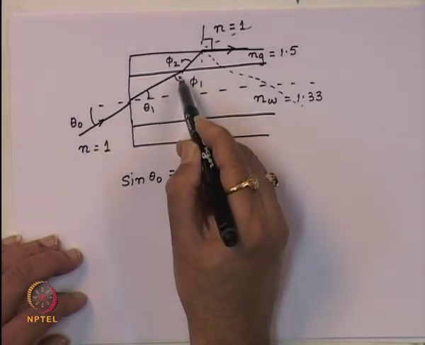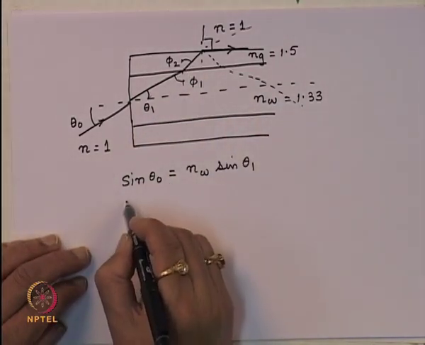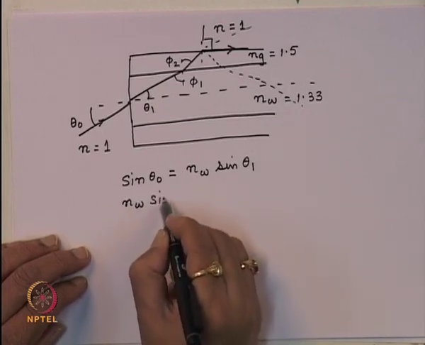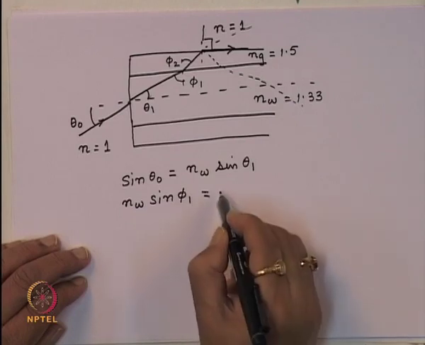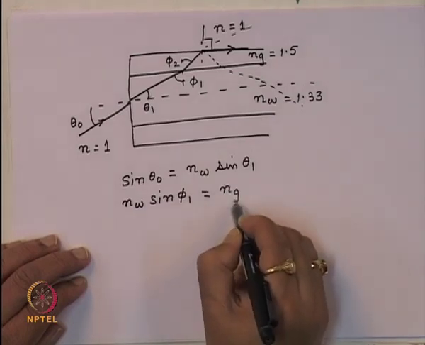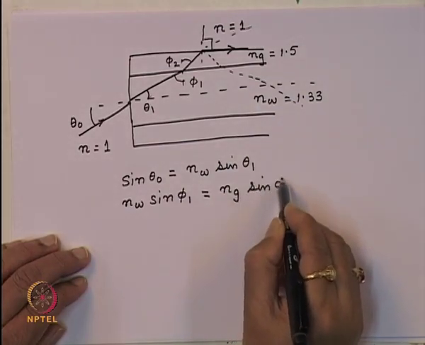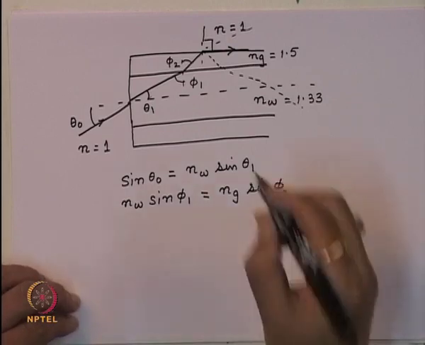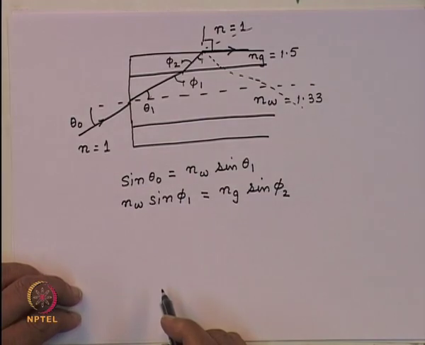I can apply Snell's law at the water glass interface, which gives n w sine of phi 1 equal to n g, which is the refractive index of glass, sine of phi 2. And this angle is phi 2, so this angle also is going to be phi 2.